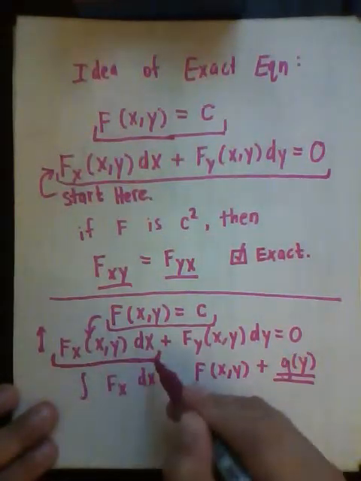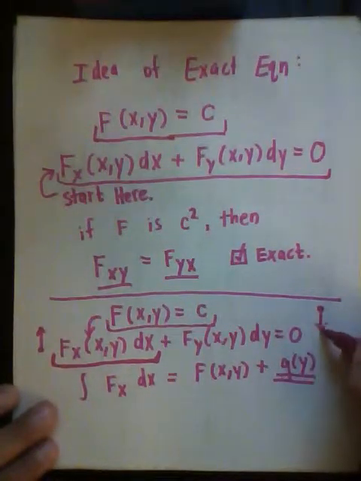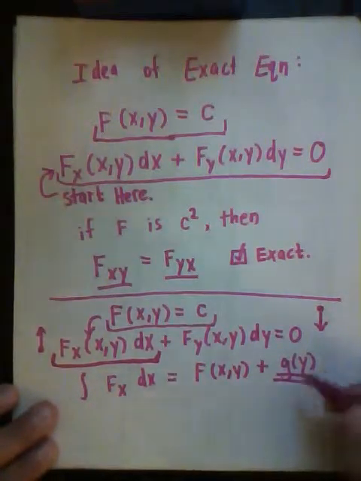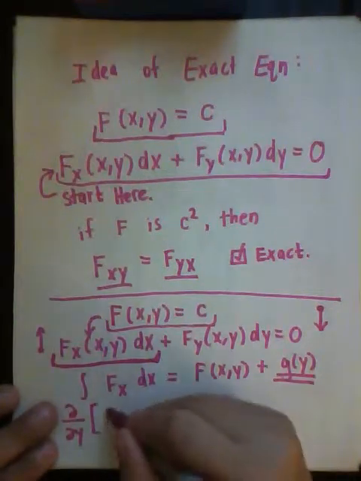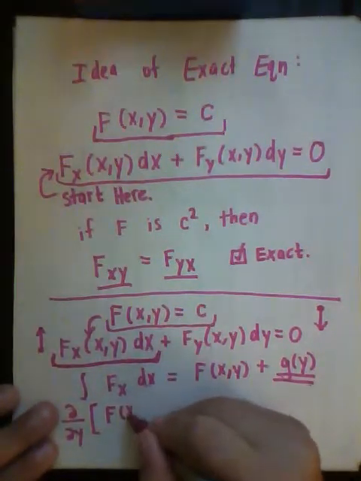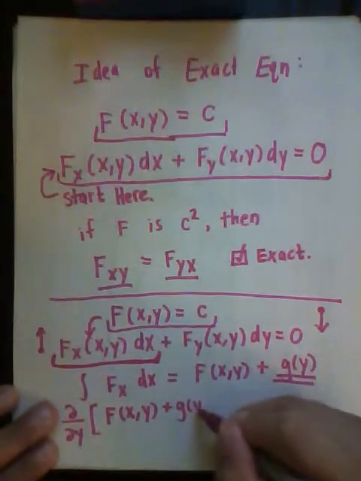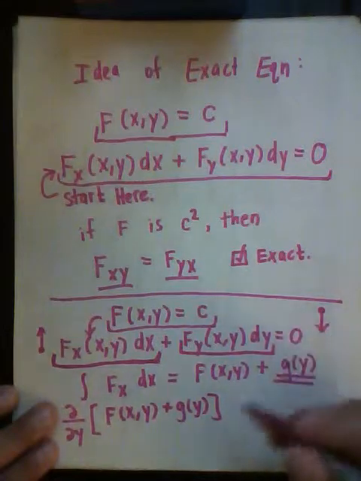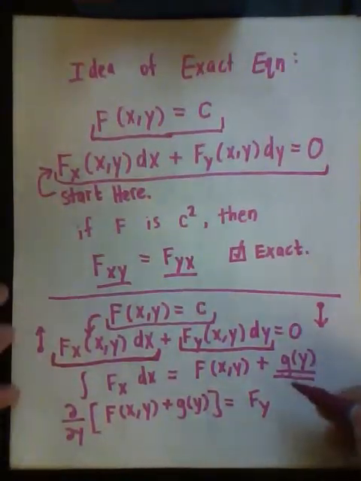So you integrate this to bring you up one level, and then you differentiate. Once you're here, you have this function. You differentiate it with respect to y, so that you can set it equal to this guy right here, and then you can make the comparisons.